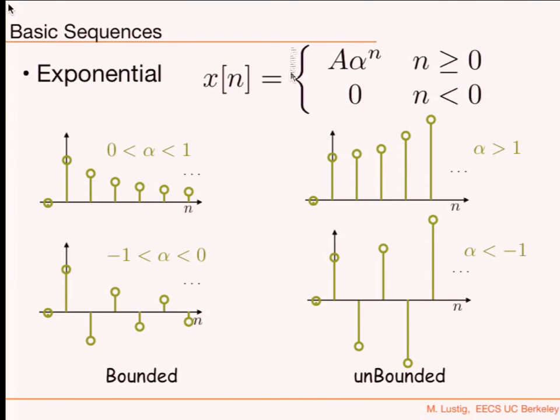So when we're talking about exponentials, often we talk about one-sided exponential series. And when alpha is between 0 and 1, you'll see that it's going to get bounded, it's going to drop to 0. Also, when it's between -1 and 0, it's just going to oscillate, but still going to drop to 0. But of course, if it's bigger than 1, it's going to explode. Okay, so there are some sequences that will explode, some sequences that are bounded. And we're going to analyze those, especially when we're talking about region of convergence, when we're talking about the Z transform. Okay, next week.